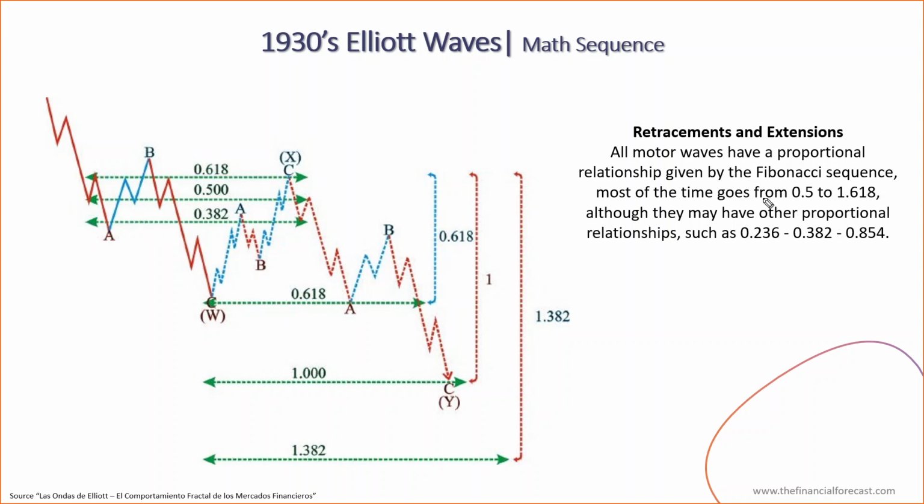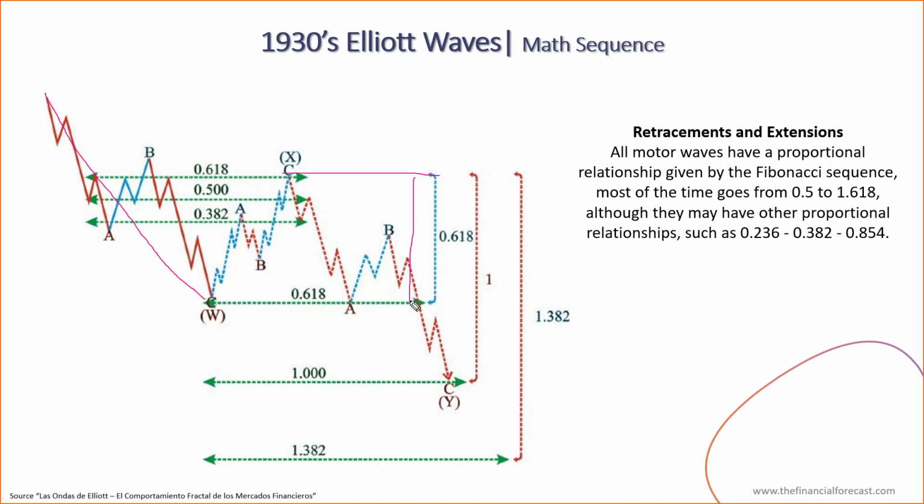And once the corrective wave is finished, we can foresee or calculate where we can expect the next motive wave to end. For this, we use what is called an extension. We take the length of the first wave and we extend this from the end of the corrective wave.